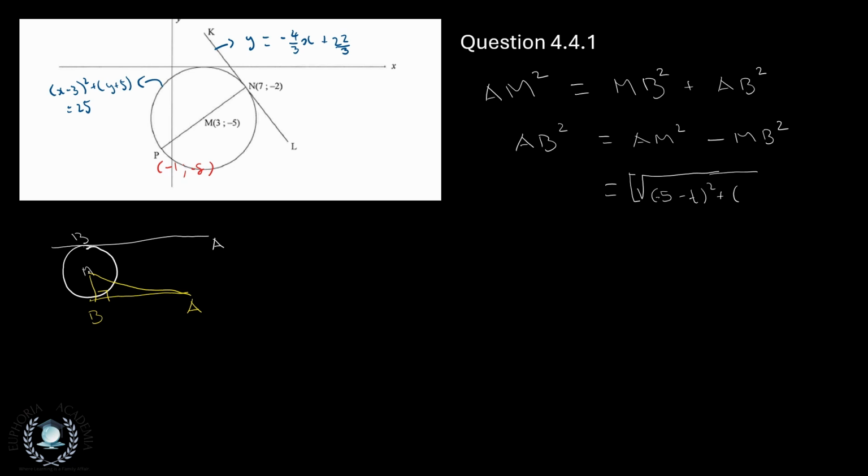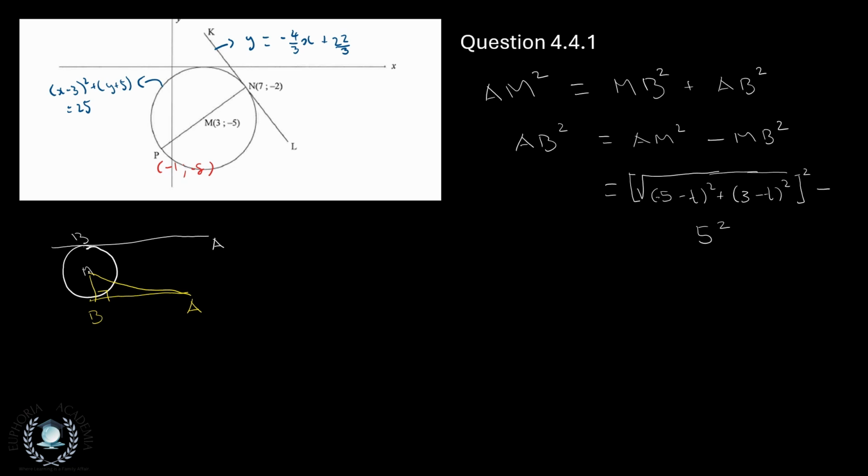Yeah, that's going to be 3 minus t also squared, and that whole thing is squared, minus MB, well, in all cases that's just the radius, and that is 5 squared.